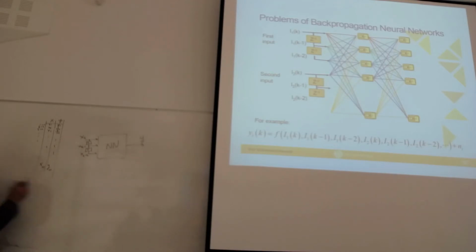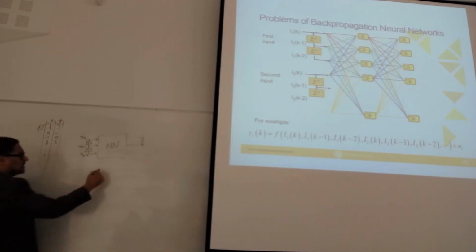For example, let me put some numbers to explain how it works. Assume this input gives output 2, this one was 3 and gives output 1, this was 5 and gives output minus 1, when it was minus 1 it gives output 0, when it was 7 it gives output 2, and so on. In the beginning you have only a single input, 1.